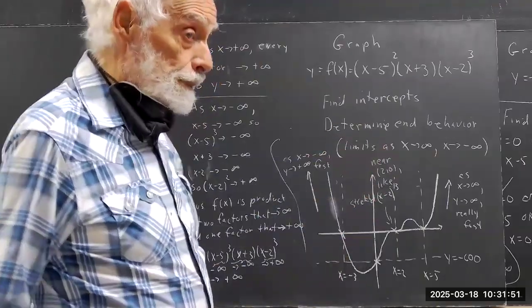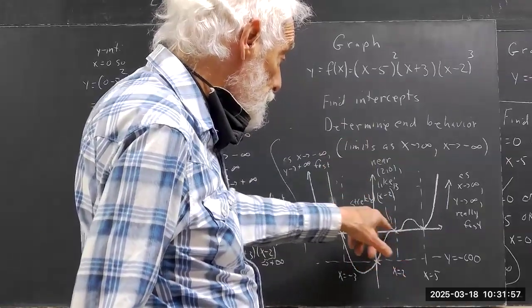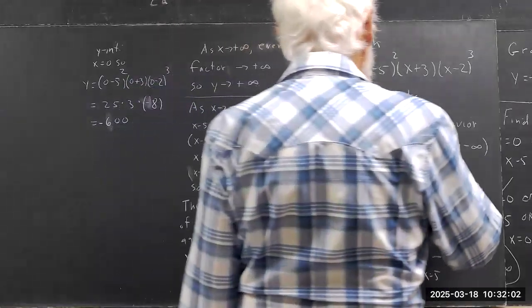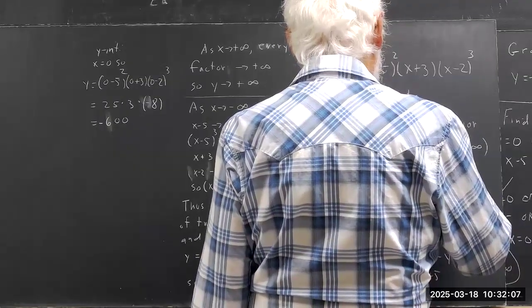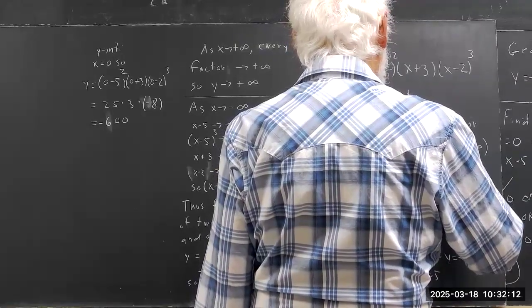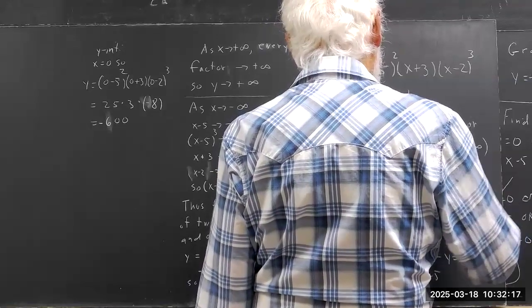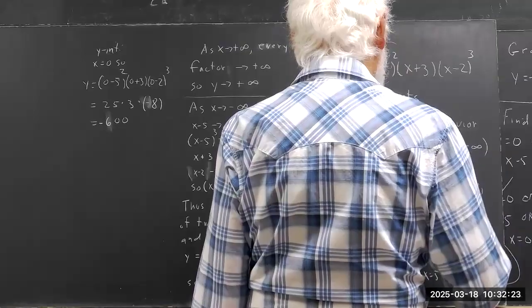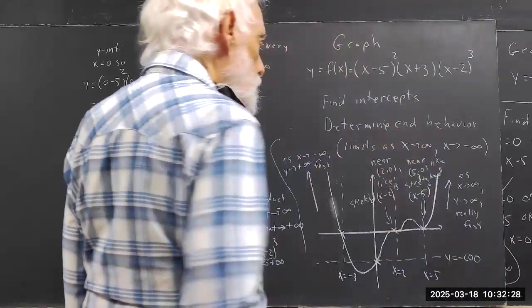Okay. And it could be reflected. It could be an upside down x minus 2 cubed. It came down here, it could go through like this. Okay. At this point, near 5, 0, it's like a stretched x minus 5 squared, which would be the 12.